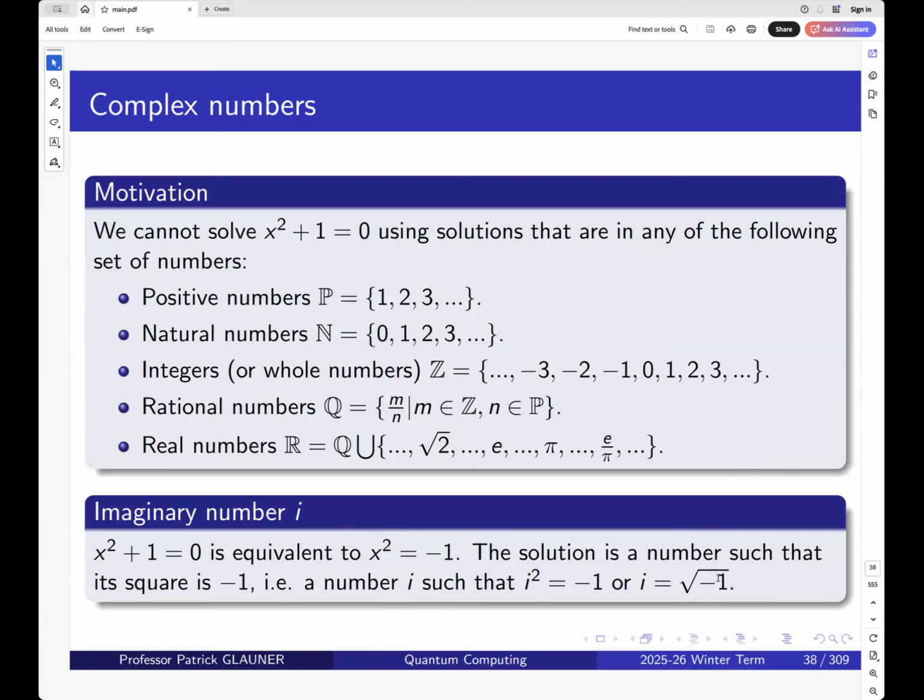Or we can say i is the square root of -1. And this is now a key part of the so-called complex numbers that we will introduce very soon. And for that, I will switch very quickly to my whiteboard and we can try to do some calculations with i and then introduce the so-called complex numbers.